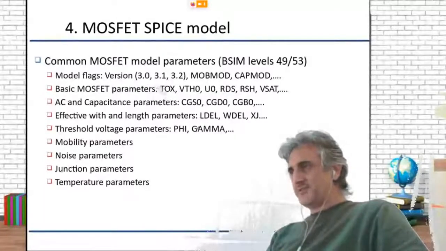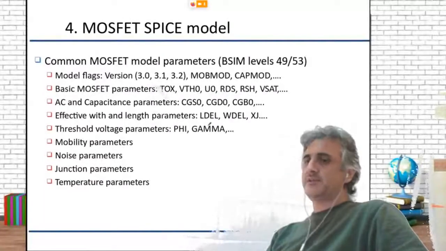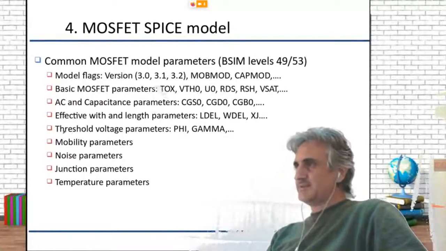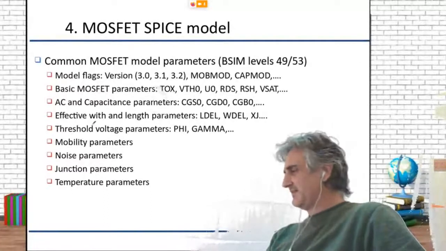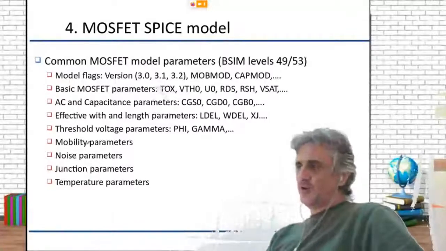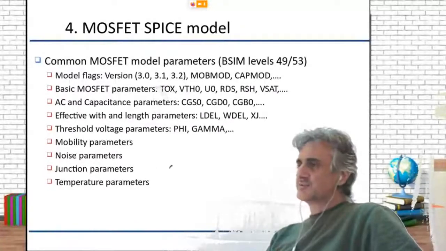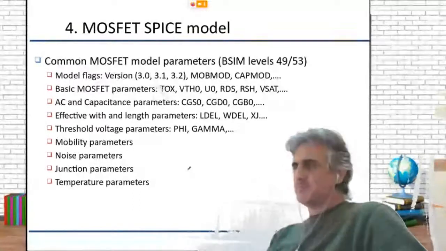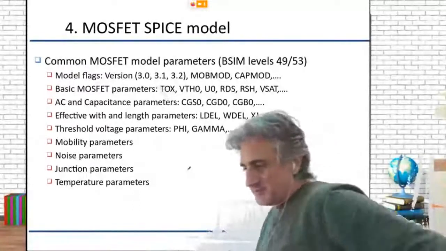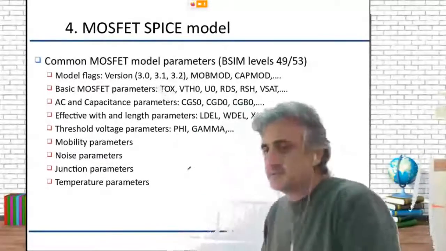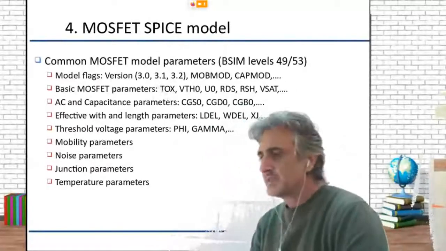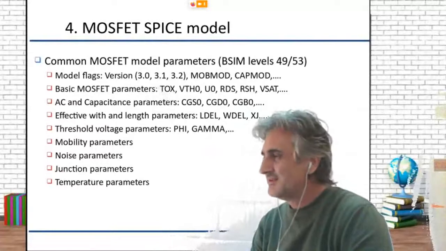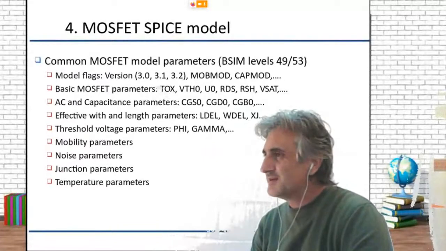Do you remember that the threshold voltage was changing with the VDS? So here we have these parameters, plus parameters defining the mobility, noise, the junctions, plus temperature effects, and many different things. So up to 300 or more than 300. So it's quite a bad model to work with in this case. For parameter extraction, it's quite a nightmare.